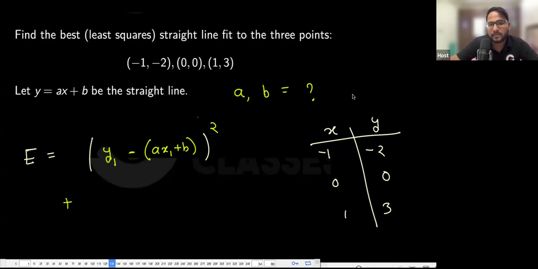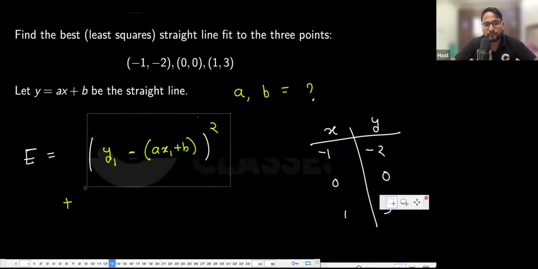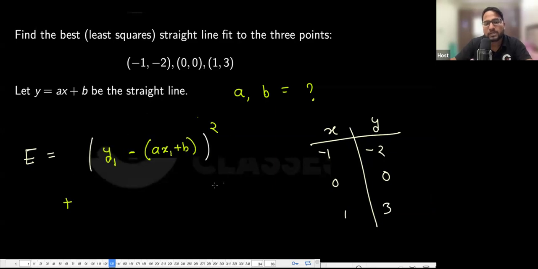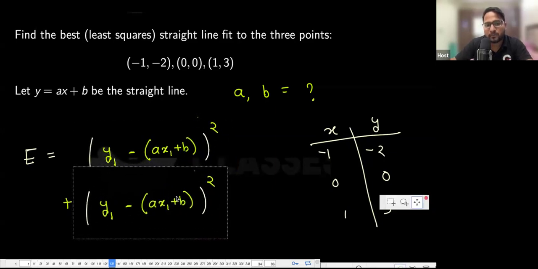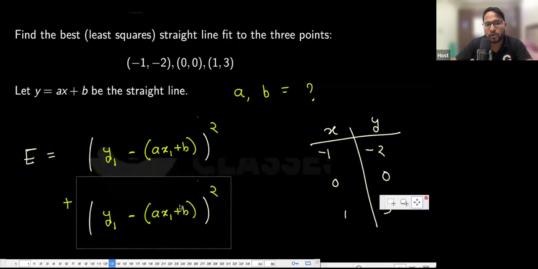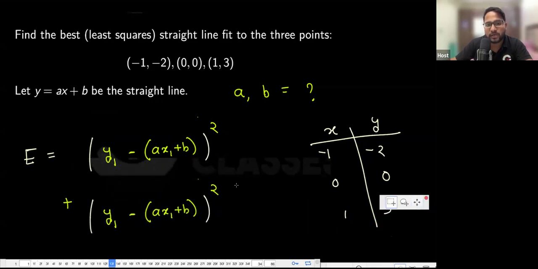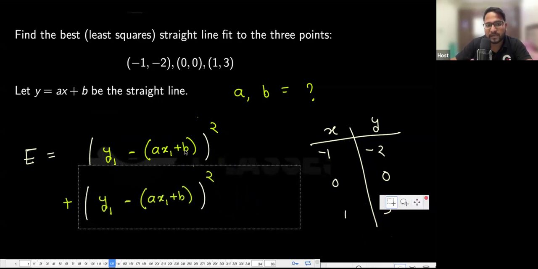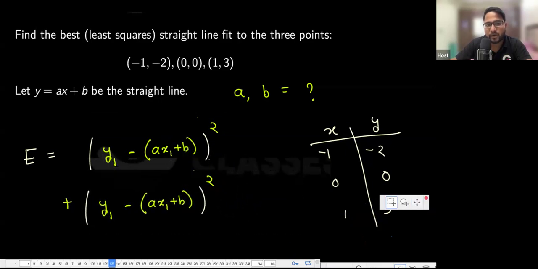Instead of y1 and x1, it will be y2 and x2, right? You don't have to worry whether the points are collinear or not, because if they are collinear, then the error will automatically be zero. Don't worry, we are finding the best a and b. So here, instead of y1, you will have y2, and instead of x1, you will have x2.